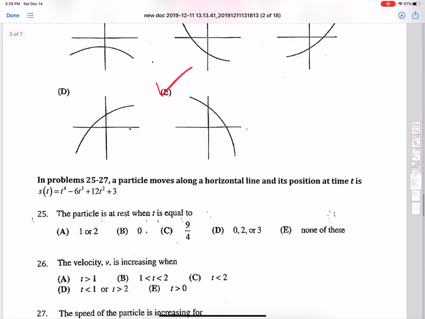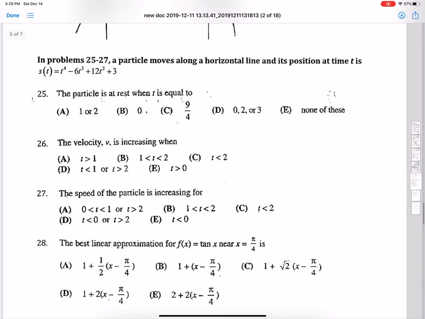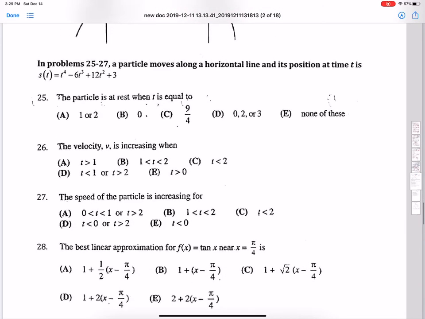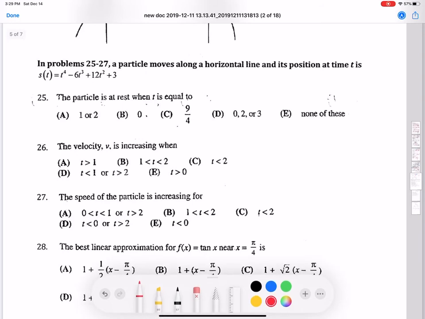Okay, number 25 to 27, the position function s of t is given. The particle is at rest. At rest means velocity is going to be 0. So the position function's derivative is the velocity function, and the velocity function's derivative is the acceleration function.